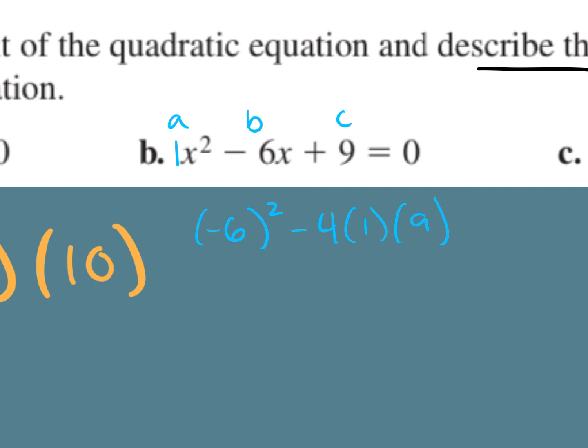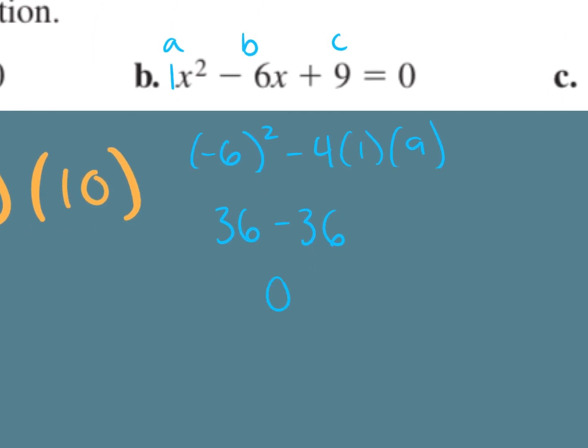What's negative 6 squared? 36. What is 4 times 1 times 9? 4 times 1 is 4, and 4 times 9? 36. And what's 36 minus 36? 0. What did we say if our discriminant is 0? How many solutions do we have? 1 real solution.